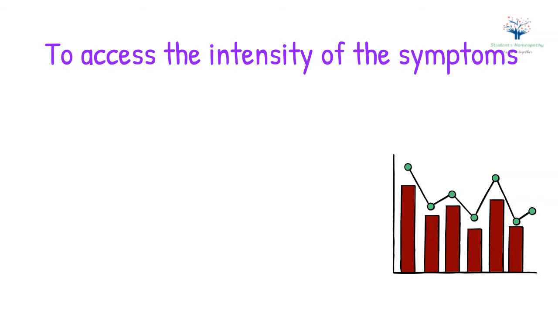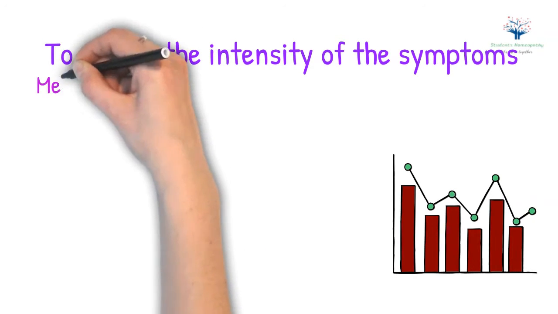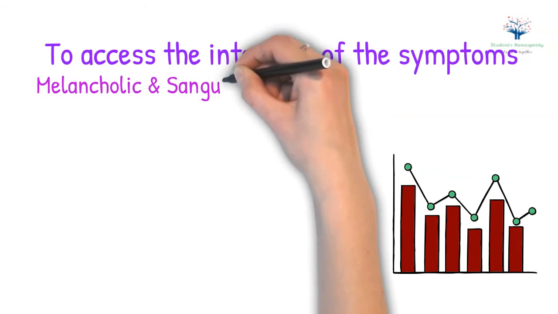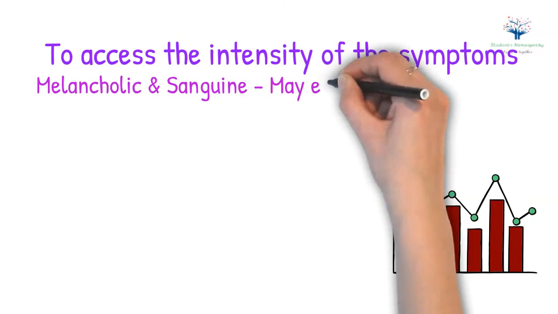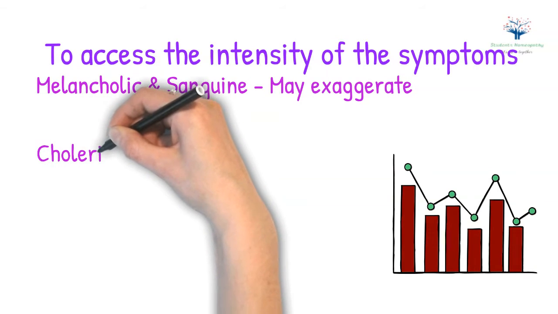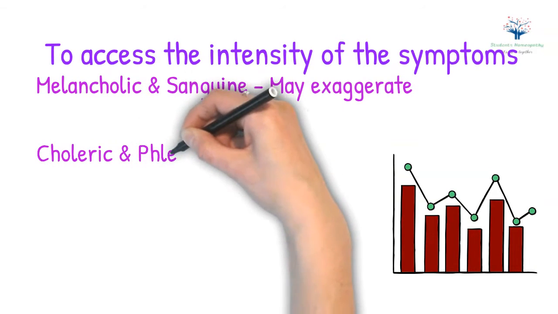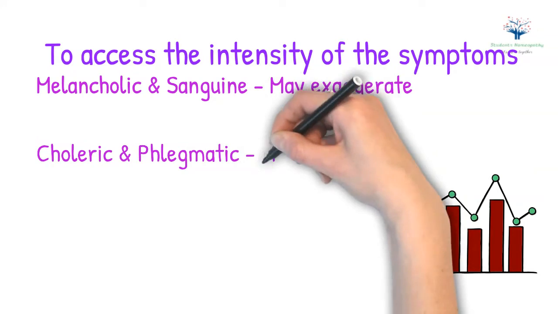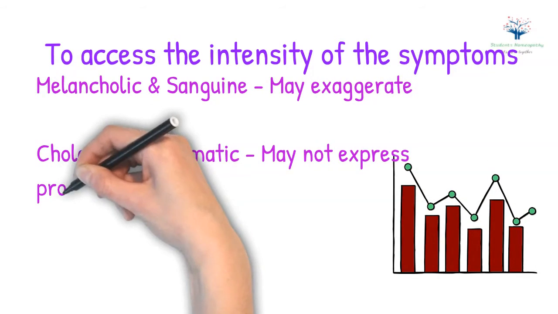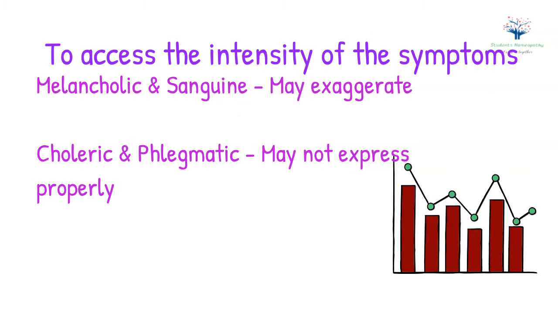For example, as the melancholics are hypochondriacs, the symptoms may exaggerate in them, while the cholerics, due to their pain intolerance capacity, and the phlegmatics, due to their indolence, may present fewer symptoms. Sanguine patients, to seek sympathy, may exaggerate the symptoms. Therefore, knowledge of the temperaments is very much essential to get the real picture of the disease.